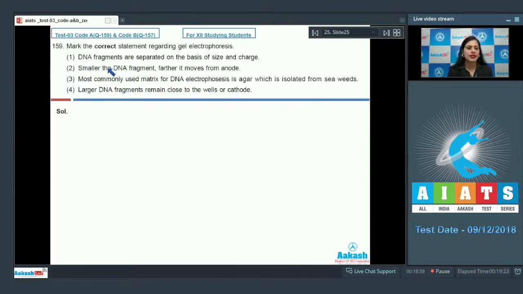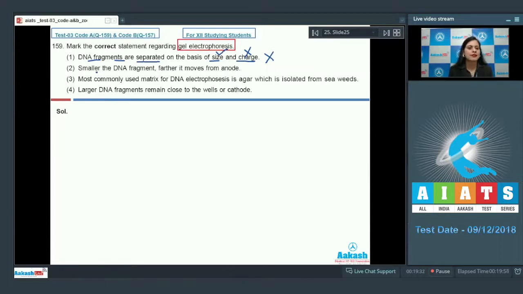Question number 159. Mark the correct statement regarding gel electrophoresis. And the very first option given is, DNA fragments are separated on the basis of size and charge. And this is an incorrect statement because DNA fragments are separated on the basis of size and configuration and not charge. So size is fine but not on the basis of charge.